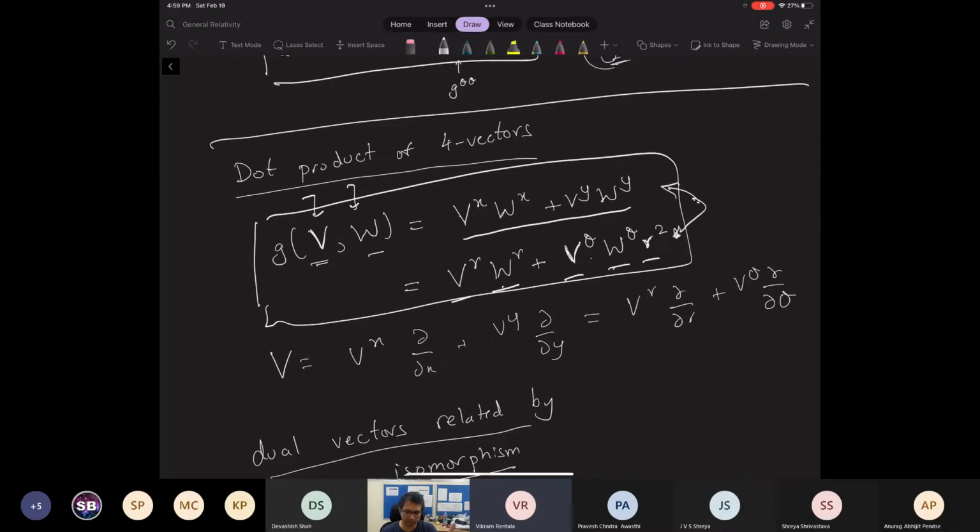This quantity is coordinate independent. You can evaluate it using different coordinate bases, but the result that you get will be exactly the same. This dot product is defined independently of your coordinate choice.